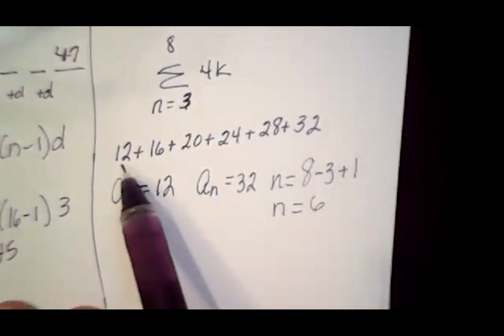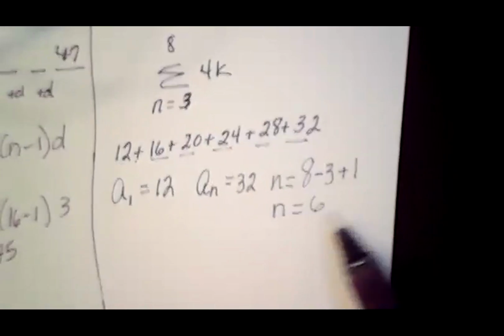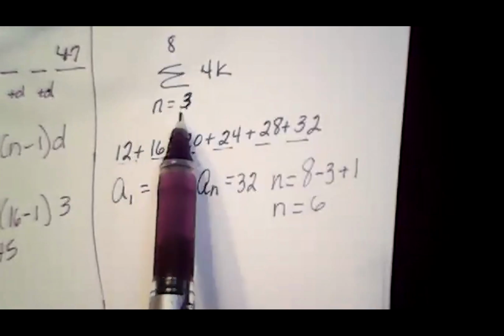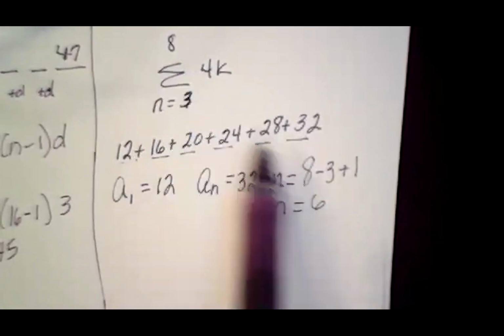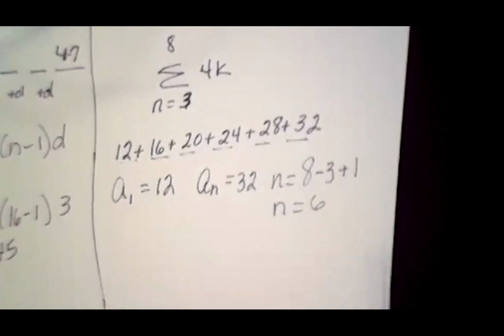So n is 6: 1, 2, 3, 4, 5, 6. We talked about this in 8.1 in the sigma notation. If this wasn't a 1 down here, you have to add 1 back always, because you're subtracting off one of the numbers.